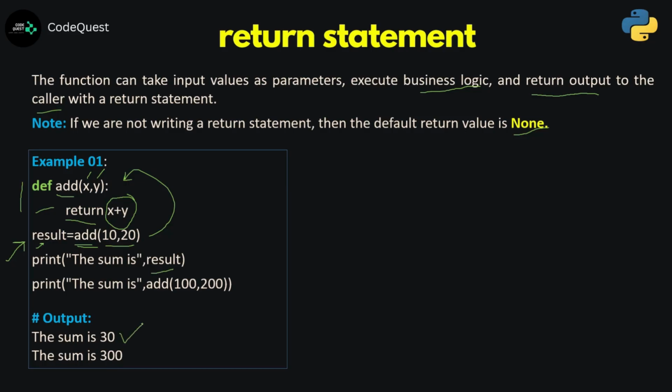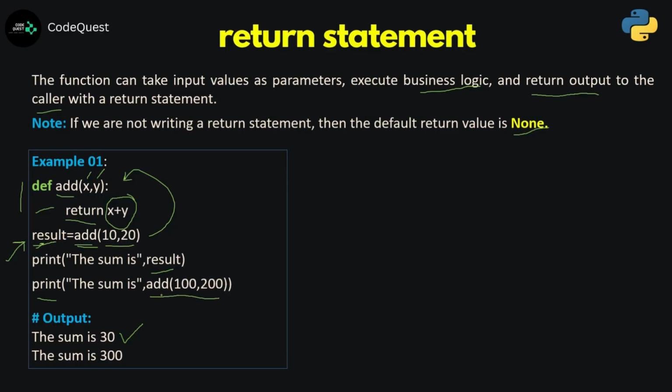The sum is 30. Now you either take a variable to hold the return value of a function, or you can also use the print function directly without taking the help of any variable, like what we have done here. So here I am calling the function.